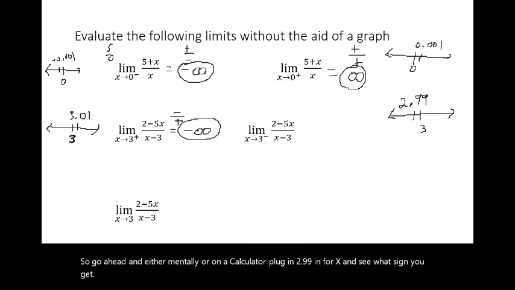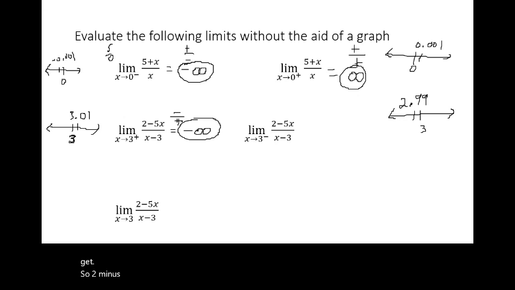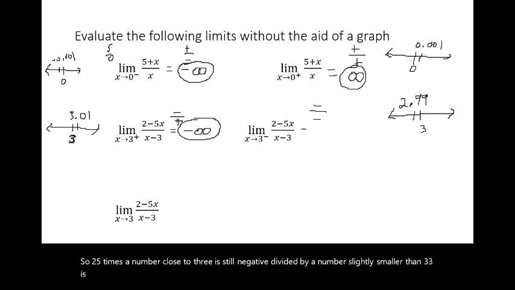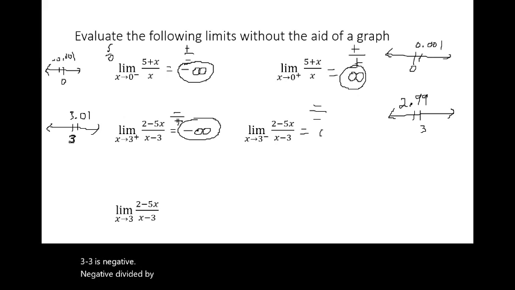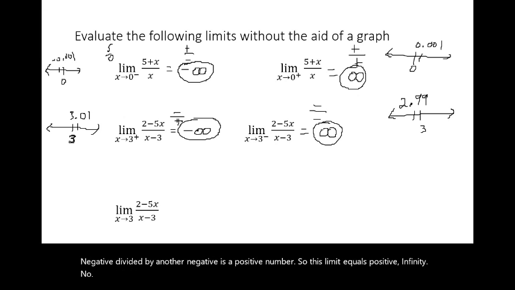So 2 minus 5 times a number close to 3 is still negative, divided by a number slightly smaller than 3, minus 3, which is negative. A negative divided by another negative is a positive number, so this limit equals positive infinity. Now, the limit as x approaches 3 from both sides: because the limit from the left does not equal the limit from the right, the two-sided limit does not exist.